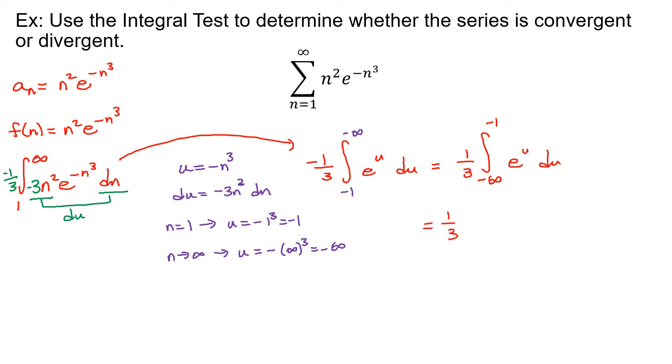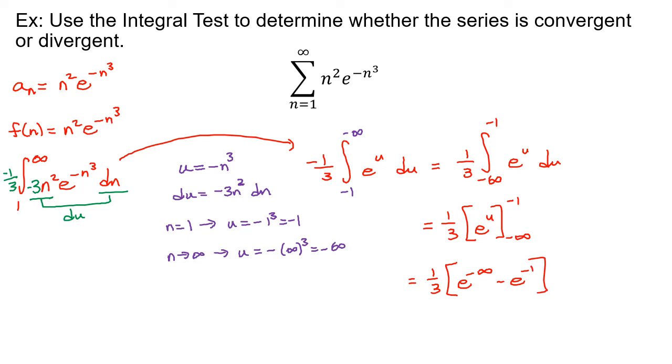If you integrate e to the u, you don't even change it. It's just e to the u. And so I'm left with 1/3 times e to the negative infinity minus e to the negative 1.